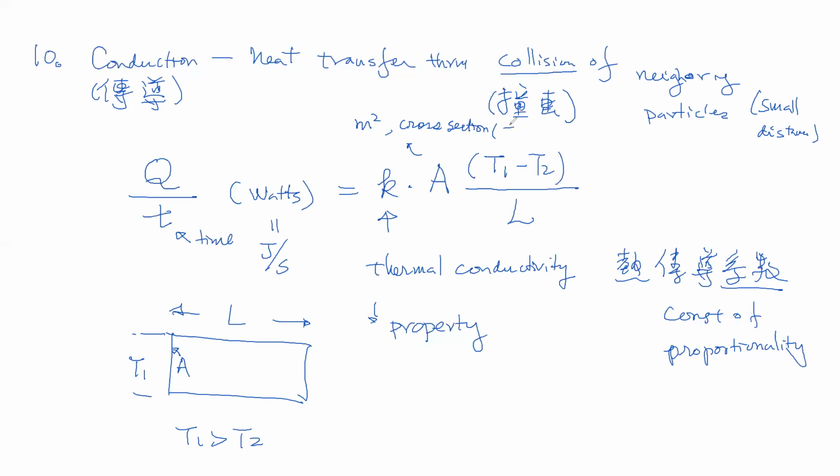Cross-section is 截面积 in Chinese. 面积 just means area. 截 means cross, like you cut it.